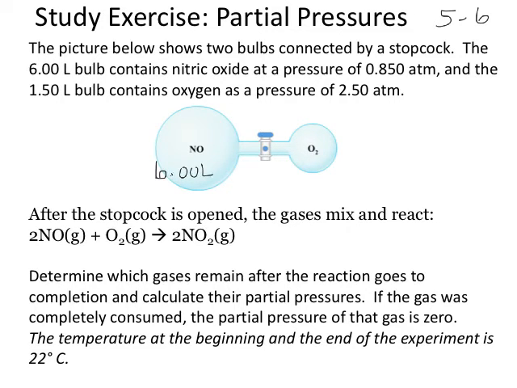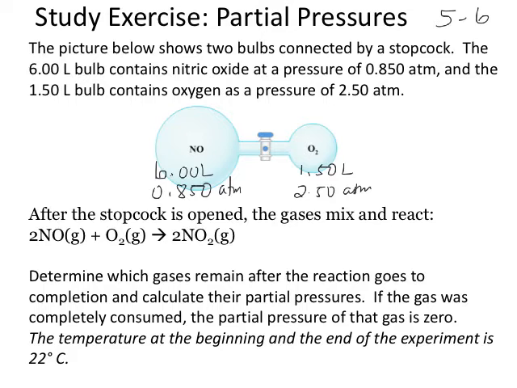6.00 liters of nitric oxide, and it has a pressure of 0.850 atmosphere. And the oxygen is in a 1.50 liter bulb and contains a pressure of 2.50 atmospheres.